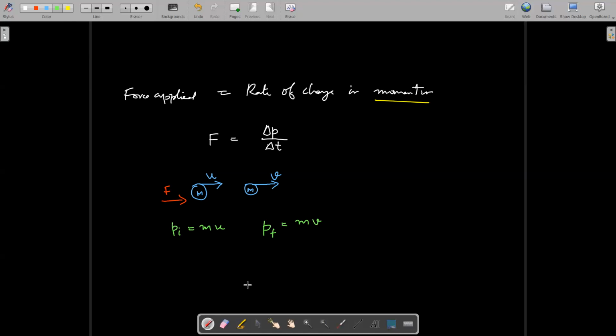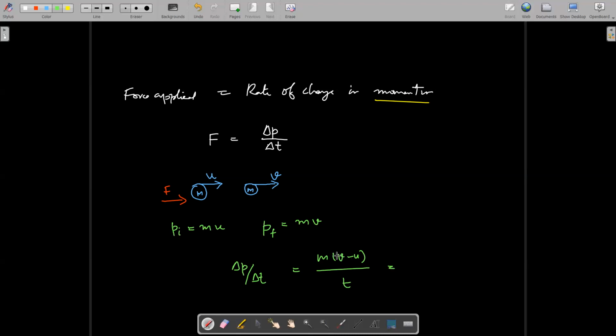So if we are to find the force here, it will be delta p by delta t, right? But t സമയം എടുത്തിട്ടാണ് ഈ ഒരു ചേഞ്ച് ഉണ്ടായതെന്ന് വിചാരിക്കാം. Then we will have m into v minus u divided by the time taken.